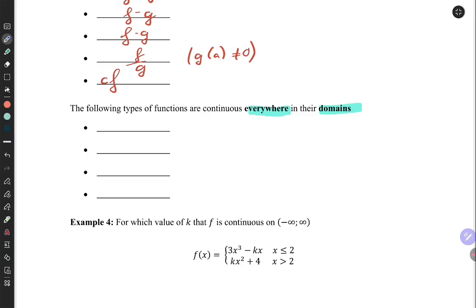Can you think of some function that by default is continuous everywhere on its domain? Cube, yes, cube is continuous, but more general than that. X squared is a parabola, quadratic. Cube. They're specific to these two functions. I'm talking about the names: the cubic and the quadratic are specific to those two.